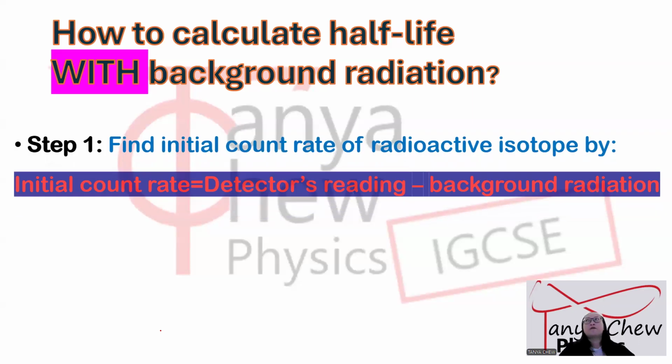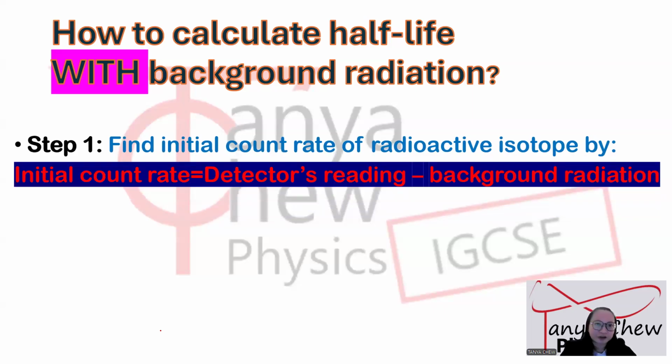First of all, let me tell you, the detectors that we are using nowadays are not selective. When you switch on the detector, it is not selecting the radioactive isotope to detect the radiation from it. The detector will detect any radiation surrounding it.